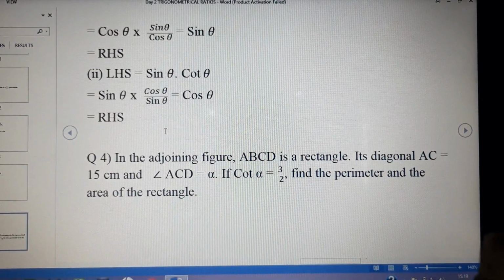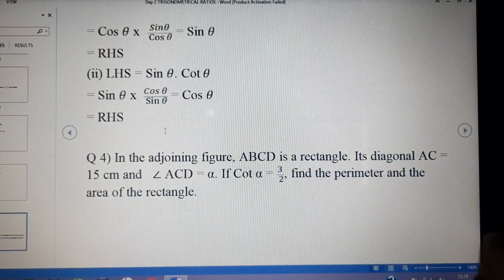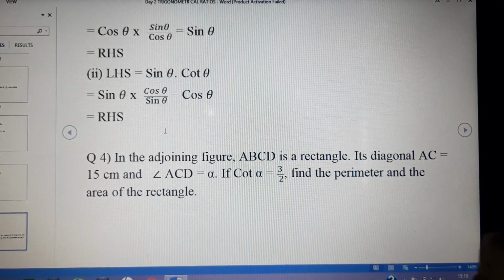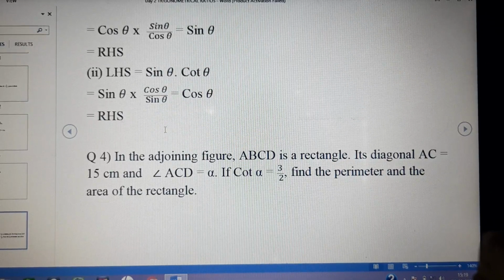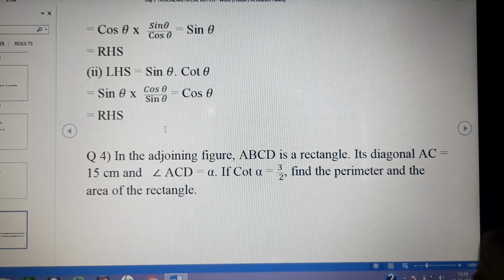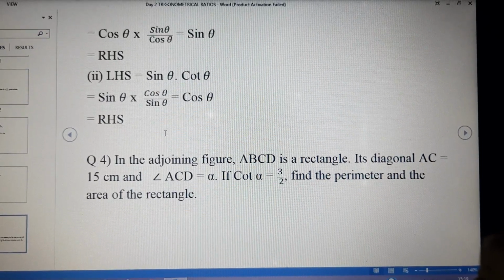Now you are going to study the real application of all these trigonometrical ratios. Sometimes in a triangle only one side has been given. Suppose in a right angle triangle you know the hypotenuse, but you don't know the value of perpendicular and base, both are unknown, but you have been given one acute angle.